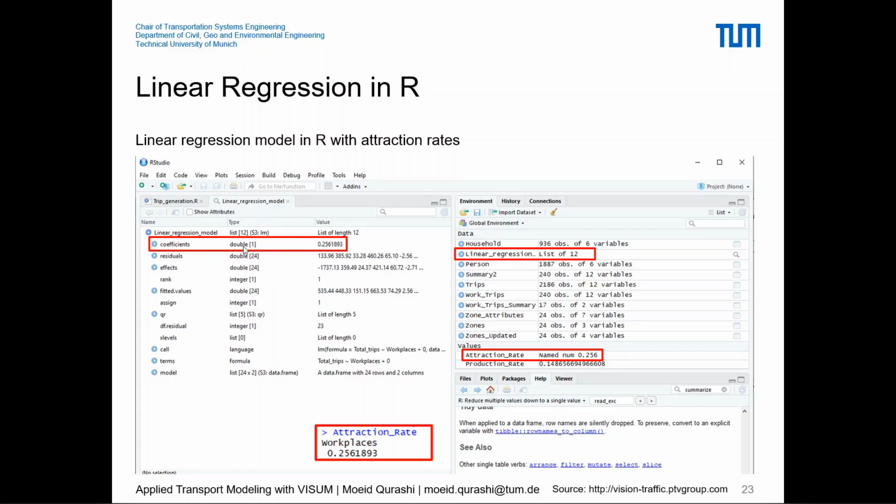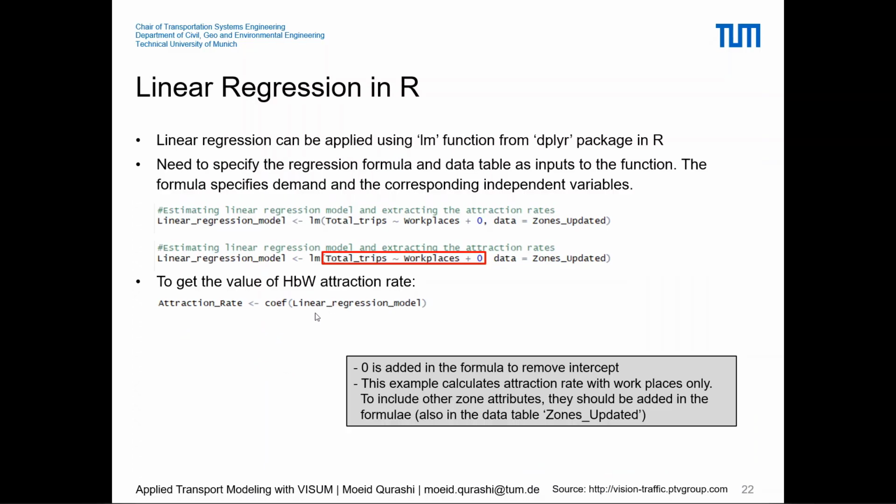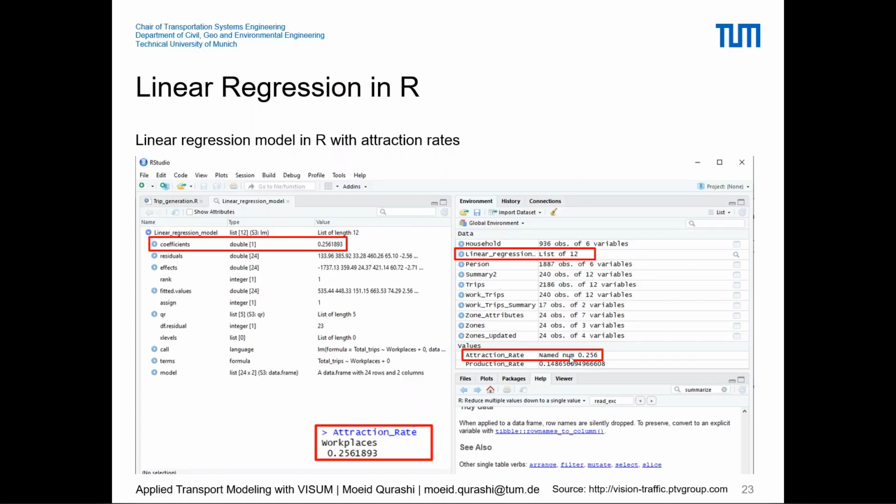Here we only have home-based work, so we have only one coefficient, that is 0.256. If you have more attributes, you will have more coefficients. This is how you can visualize the coefficient, and you can set the attraction rate equal to the coefficient of the linear regression model, so you will have the attraction rate as 0.256. Yeah, so that's it.